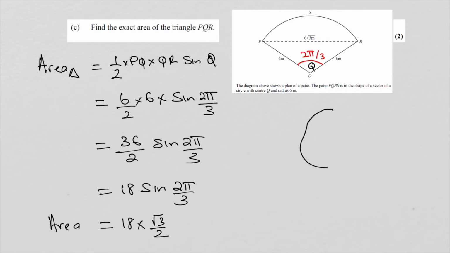Here's a unit circle. And sine of 60 degrees, if I go there, sine is the height here. So that's y, that's x. Sine is the y value. And the y value for 60 degrees would be root 3 over 2.